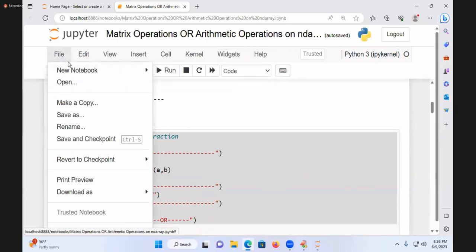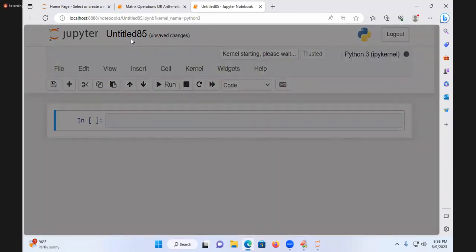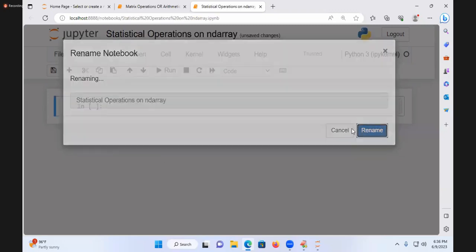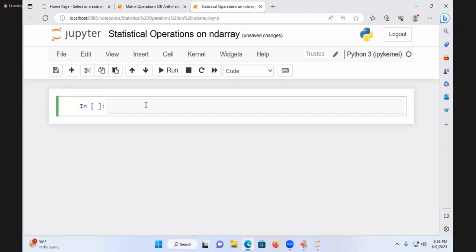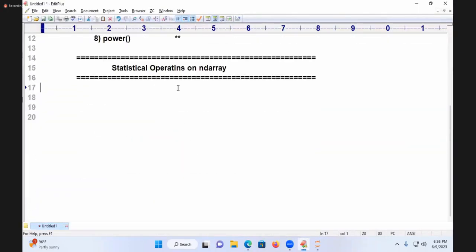Now I'm going to say statistical operations on ND array. Import as usual numpy as np. What are the statistical operations we are doing? My dear students, the statistical operations at Python level which I am introducing in this case are actually about data science.